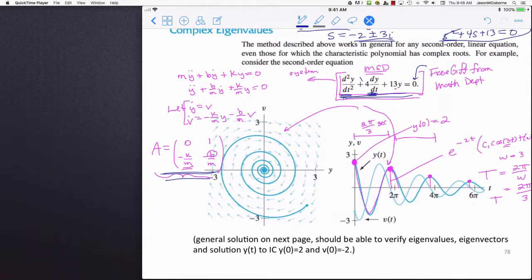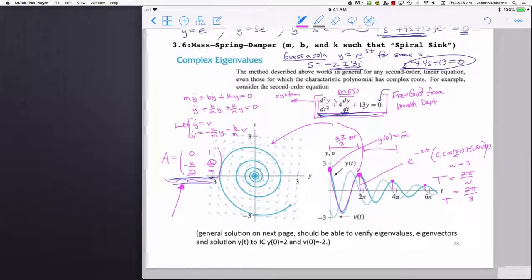Using a couple different techniques, and you can use whichever technique you find the easiest to use. My preference is always to go back. It just seems to organize things for me, but my preference is always to use the linear algebra techniques. But you have other techniques in this section if you choose to use them.